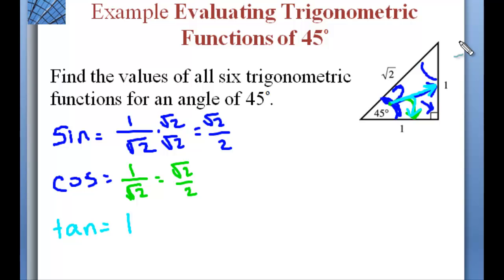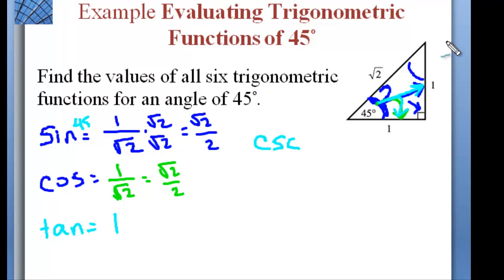The other 3 are the reciprocals of these. So for the reciprocals, we get the cosecant, and all of these should be a sine of 45, cosine of 45 degrees, tan of 45 degrees. The cosecant of 45 degrees will be the reciprocal of 1 over the square root of 2, which is the square root of 2 over 1, or the square root of 2.